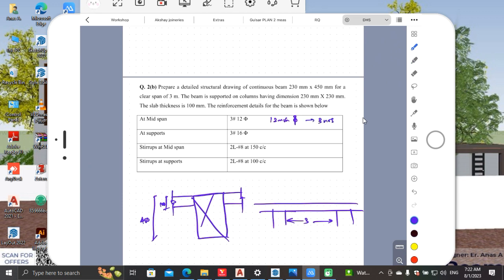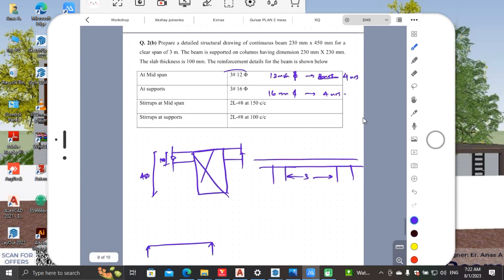So we can just change it to 4 numbers because that image has 4 numbers. And here the 16 mm bar, also 4 numbers. So you can see at midspan it is given 4 numbers of 12 mm bars.